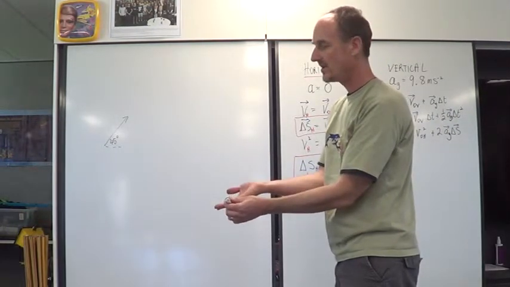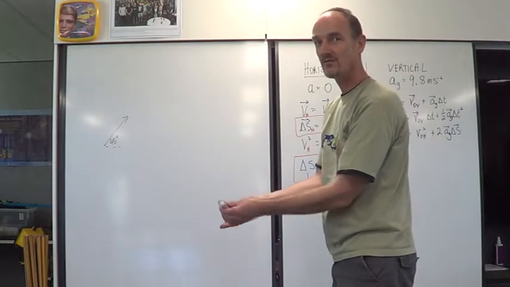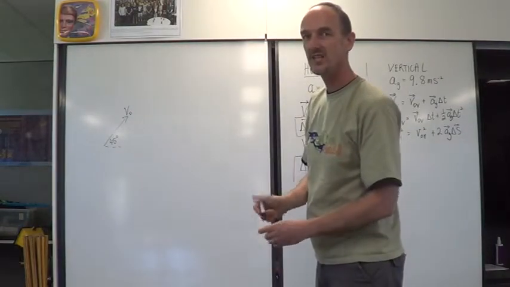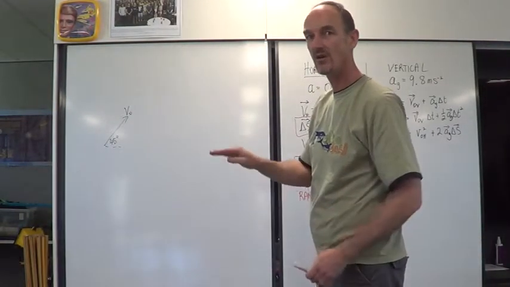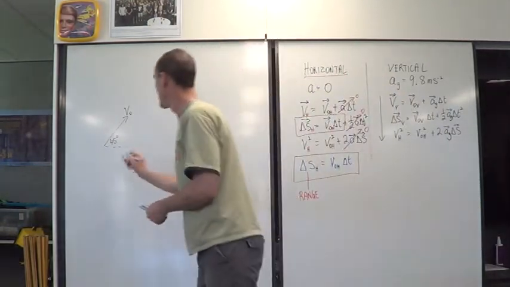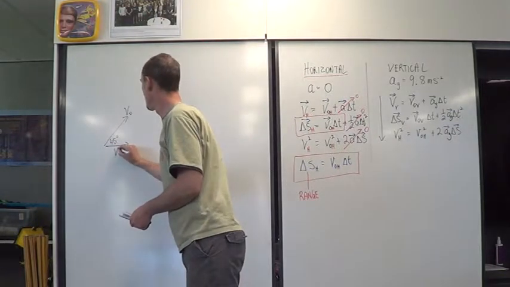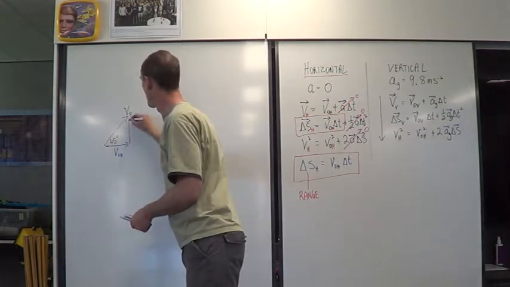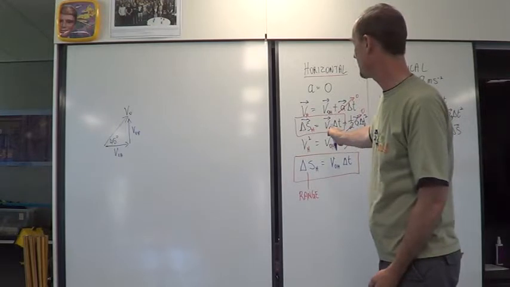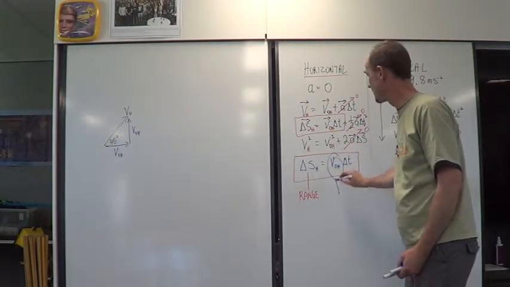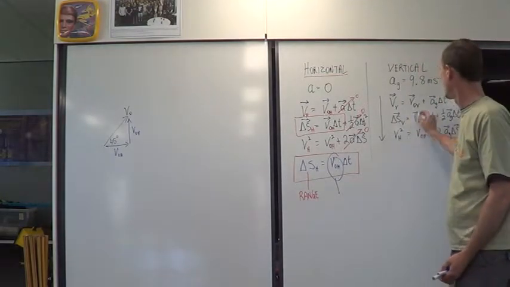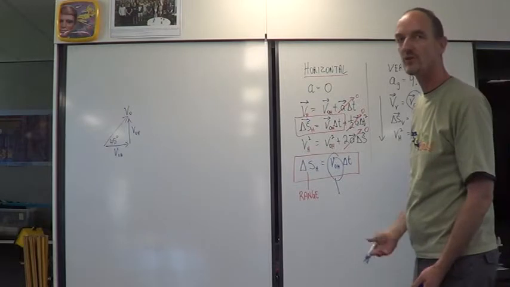All right, now that initial velocity, all right, can be understood as being made up of a horizontal part and a vertical part. All right, so over here with these equations, you've had your initial horizontal velocity, but you also have your initial vertical velocity.